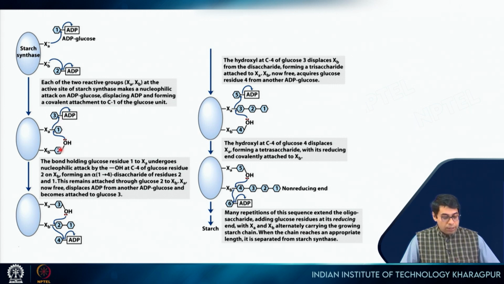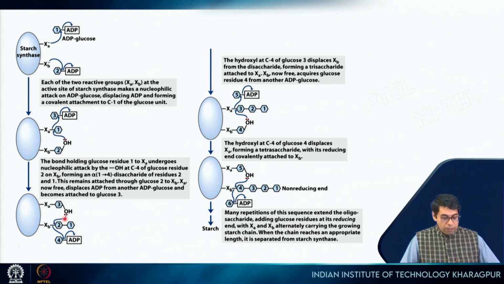So, what happens then is 2 is attached here after 1 and this 1 shifts here. So, XB to 1, this is what we get. So, 1 is shifted from here to here and in position of 1, 3 comes in, right. Now, the reverse attack happens. So, this will attack here.